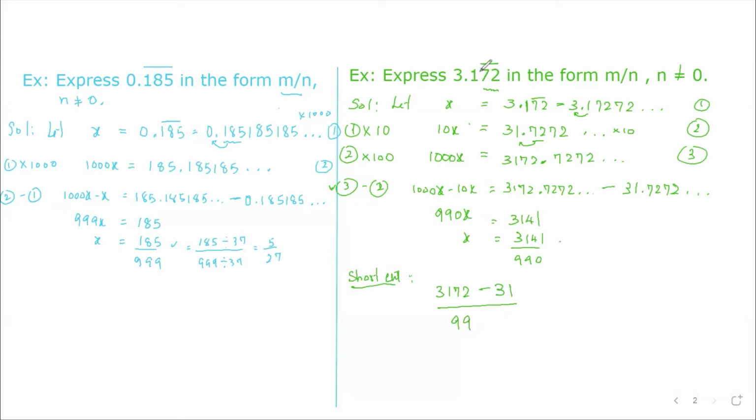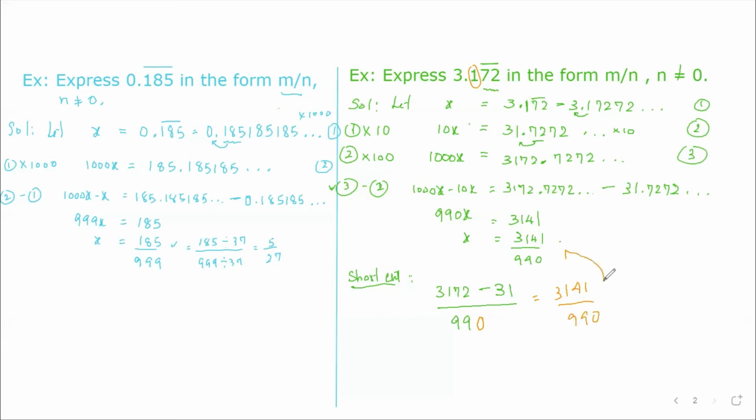And then in front of the repeating part and after the decimal is the number 1 here, right? So I write it down here. It's a 1 here, so you take it as a 0, because it's only 1 digit. So now we have this. Then you subtract, and that becomes 3141 over 990.